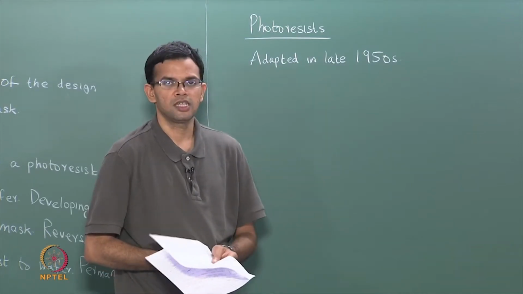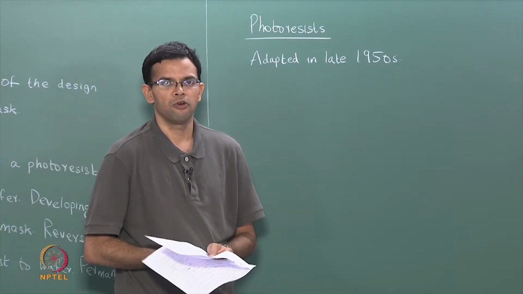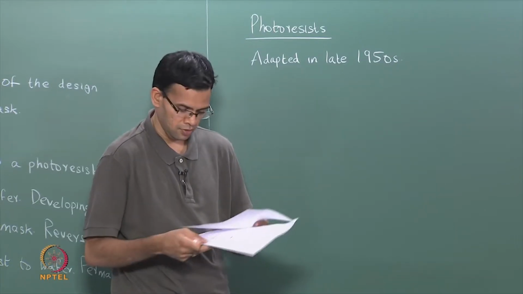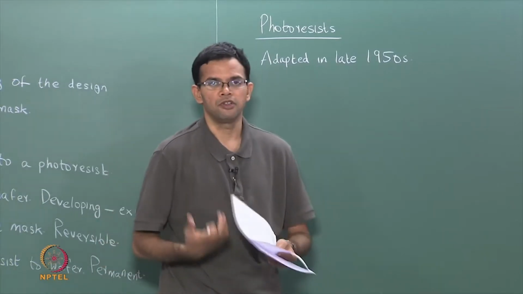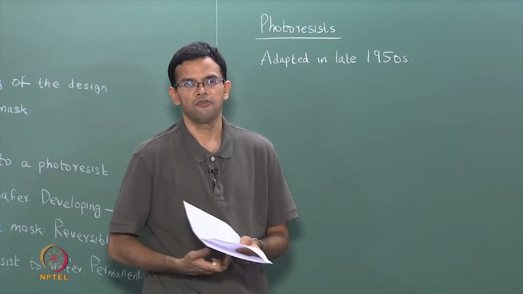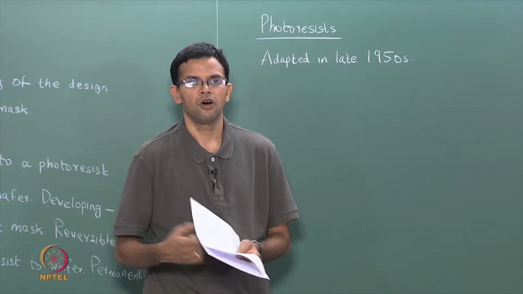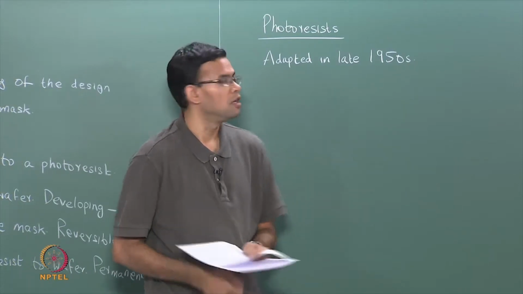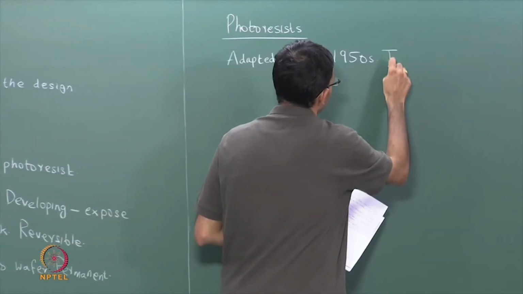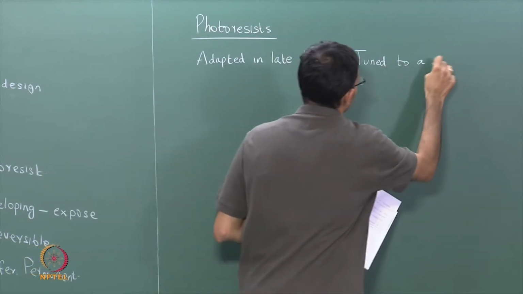So photoresist can either be general photoresist or they can also be used for only specific applications. In the case of a research lab, usually general photoresist are used, but in the case of manufacturing, there may be specific photoresist available for specific applications. So these are usually tuned to a specific wavelength.